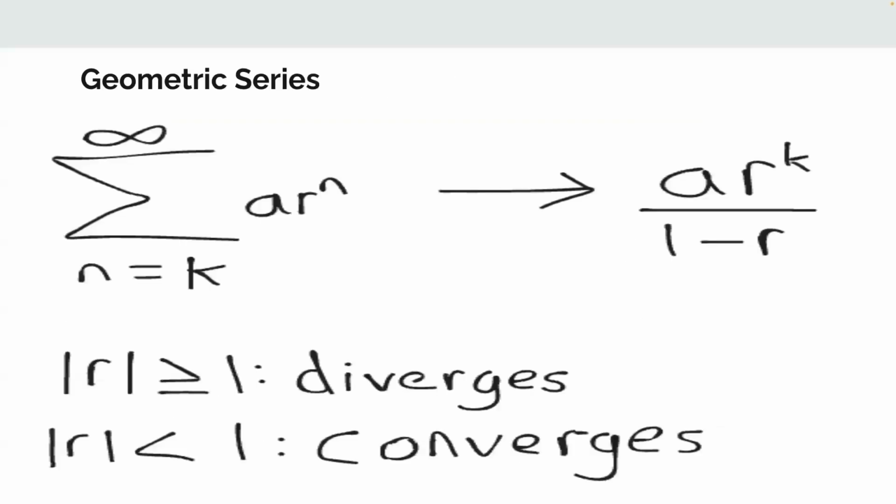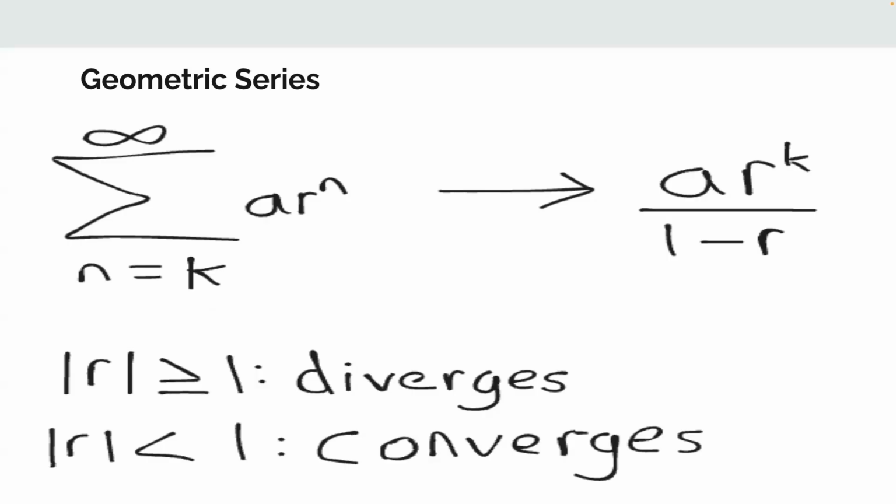Okay, so I briefly mentioned it on the last slide, but a geometric series is a series where you start at a term A, and you're multiplying by a common ratio. So let's say I start at 3, and my ratio is 2. So the first term will be 3, the second term will be 6, the third term will be 12, and so on. Then in a geometric series, if R, the ratio you're multiplying by, is greater than or equal to 1, it'll diverge.